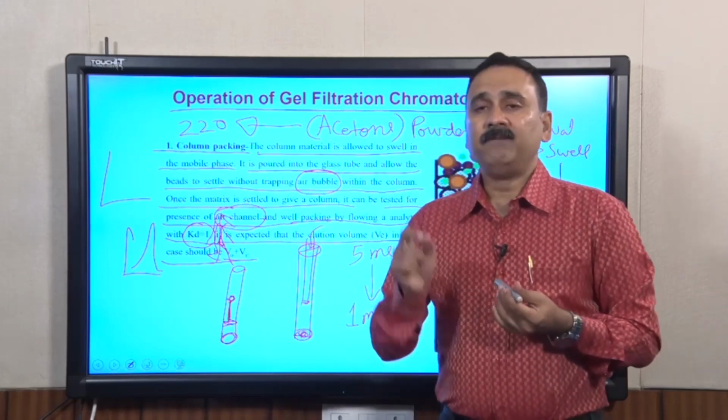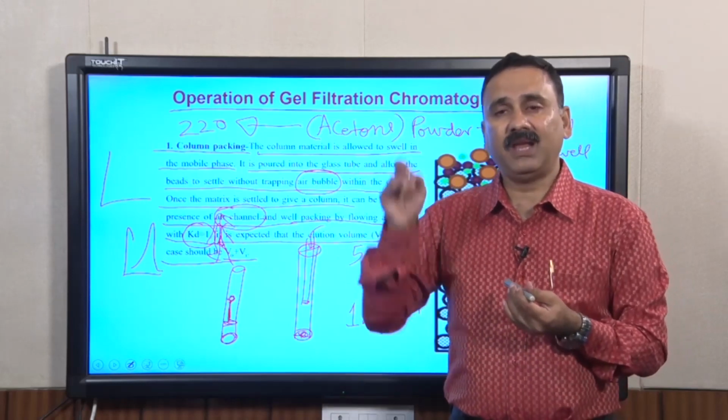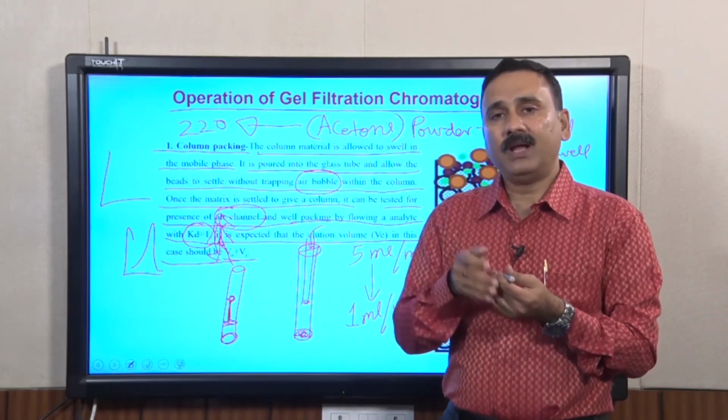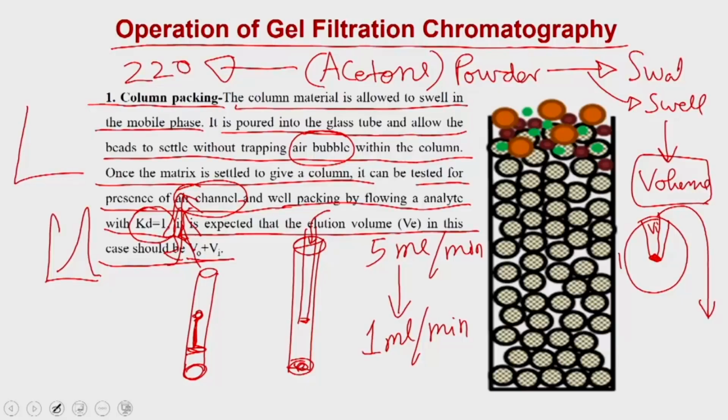That does not mean it is not going to develop channels or air bubbles later. For that, most gel filtration columns have to be packed at the same temperature where you are planning to operate them.